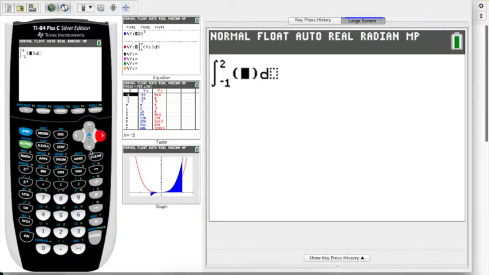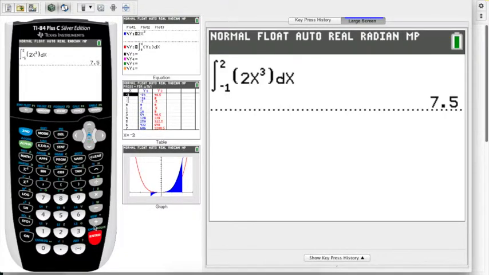We know the function's in y1, so we can grab y1 out of vars, or we can just go ahead and say 2x cubed, put in the whole function, and then dx. And so when we hit enter, we get that 7.5 for our definite integral.